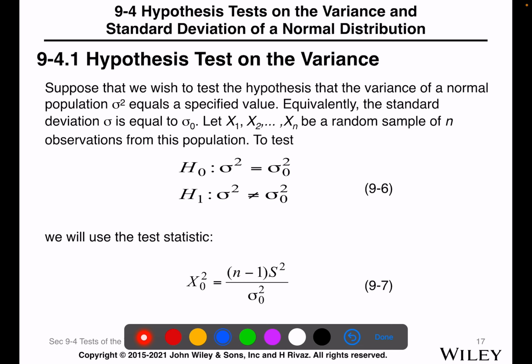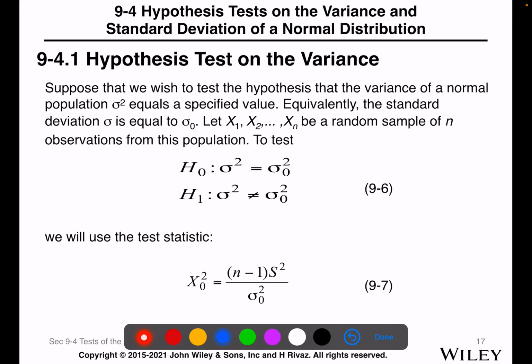Right. So the final topic of this course, there's nothing after this, is hypothesis testing and the variance. And if you studied the confidence interval chapter, this is exactly similar to the confidence interval for the variance. So the test statistic, again, is the chi-squared distribution.